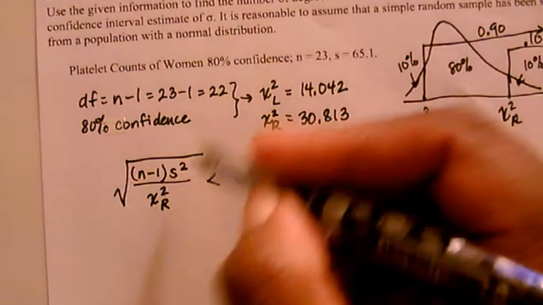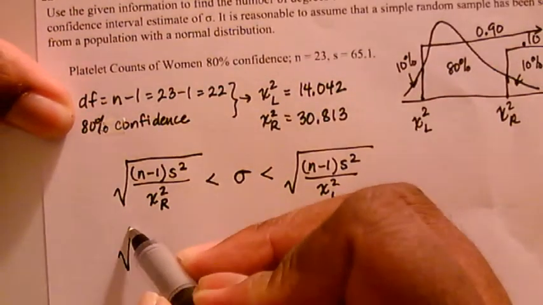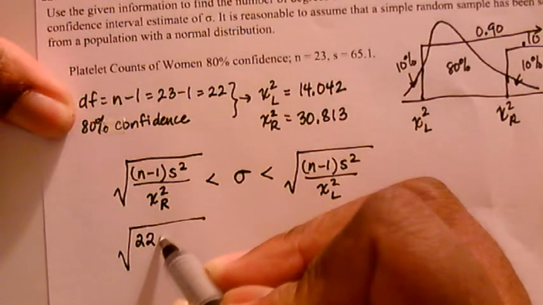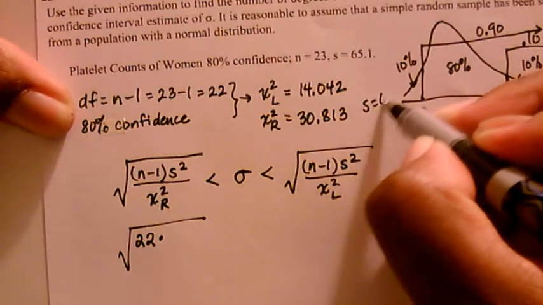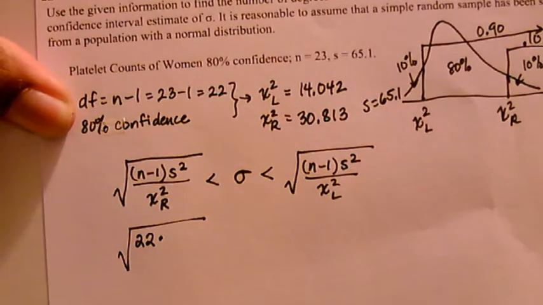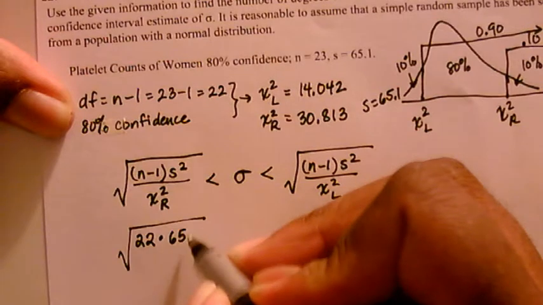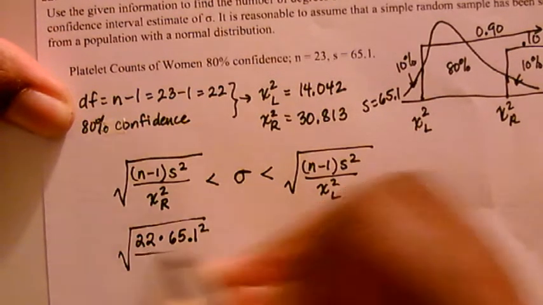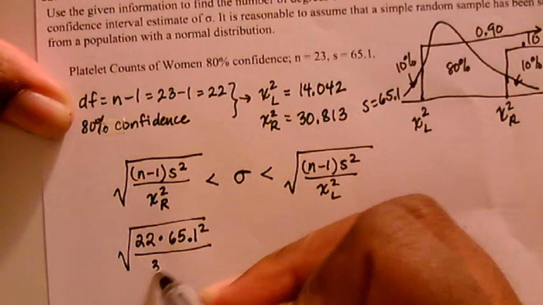Okay, n minus 1 is 22. So we've got the square root of 22 times s, that's 65.1, if you recall, but that has to be squared because we're given the standard deviation, not the variance. So we take the standard deviation and square it. The chi-square value on the right is 30.813.